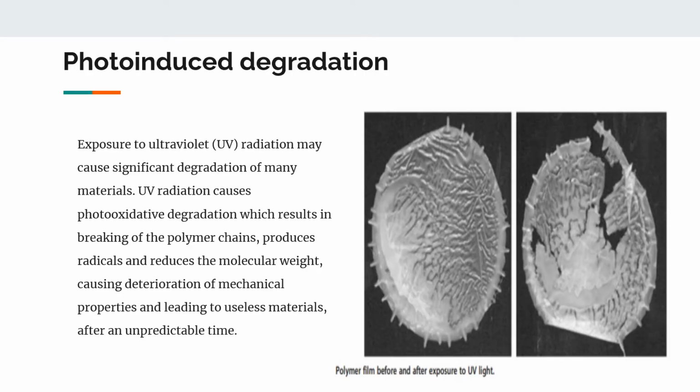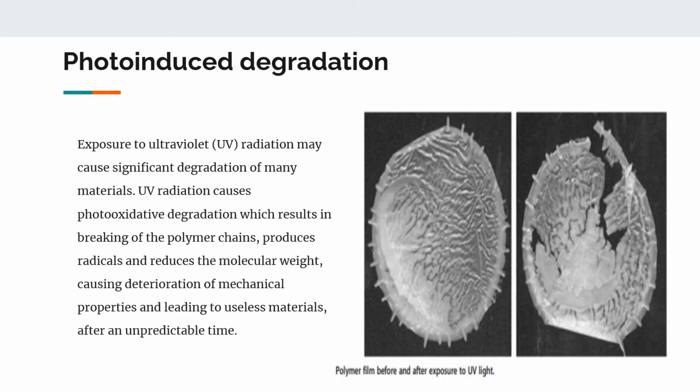Another degradation is known as photo-induced degradation, where exposure to ultraviolet or UV radiation may cause significant degradation of many materials. UV radiation causes photooxidative degradation, which results in breaking of the polymer chains, and it produces radicals and finally reduces the molecular weight.